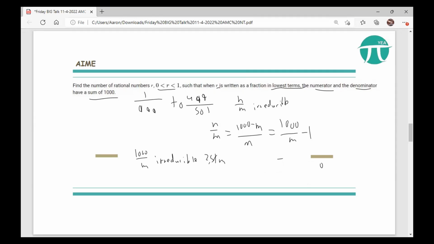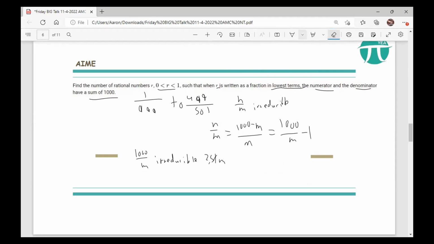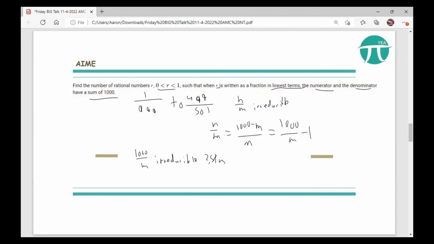But anyways, the point here is that Euler's totient function can be used to give a different solution.